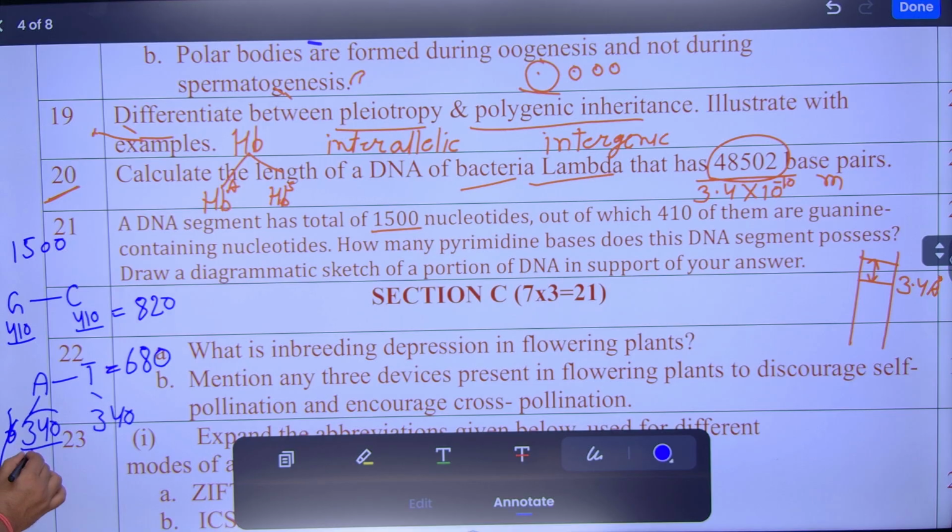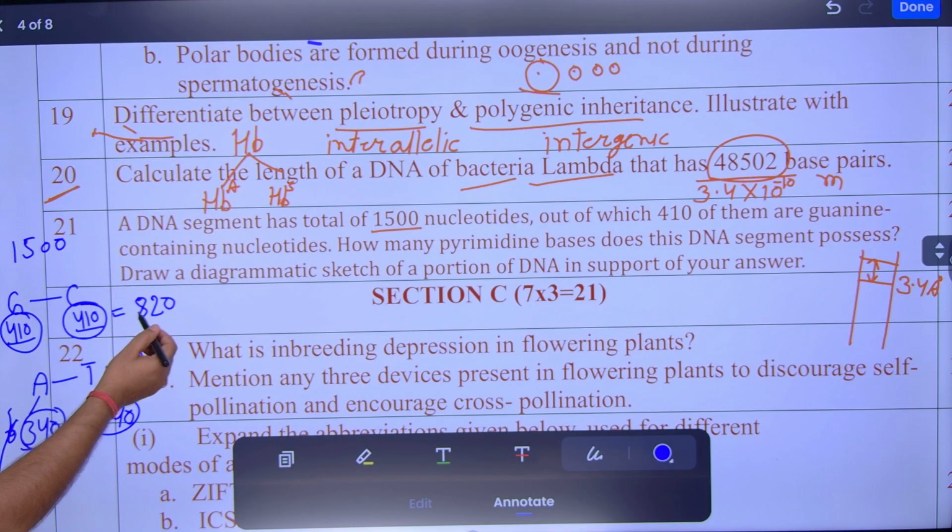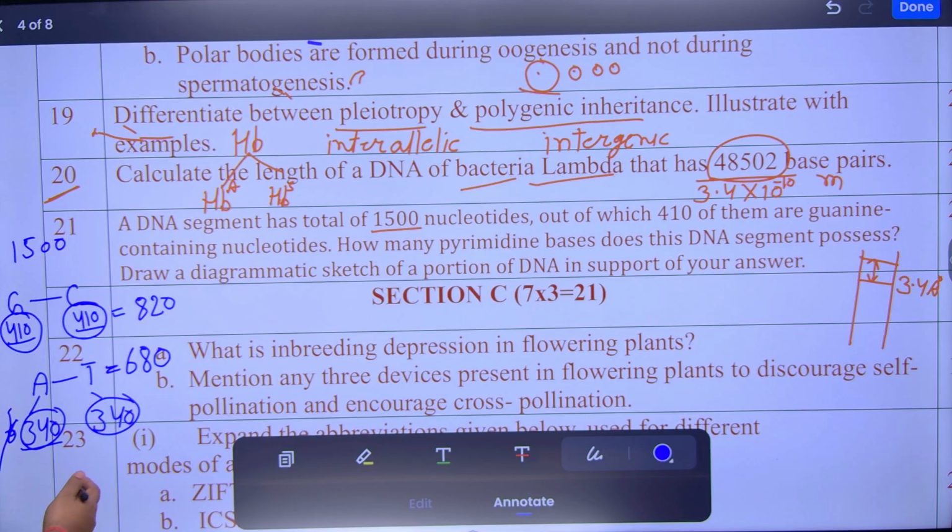Adding these four comes to 1500. So we have all the counts.